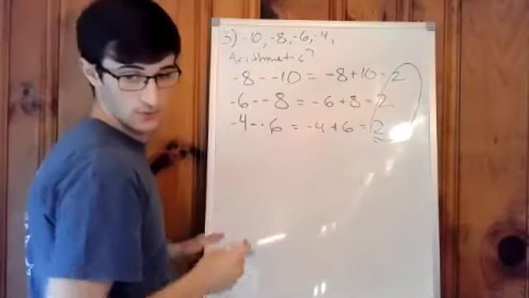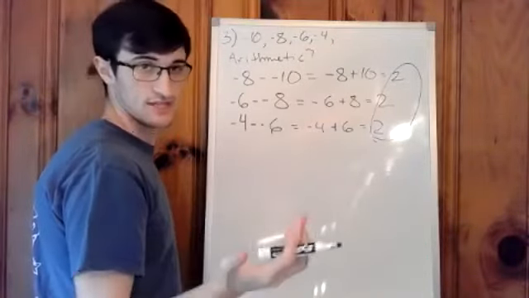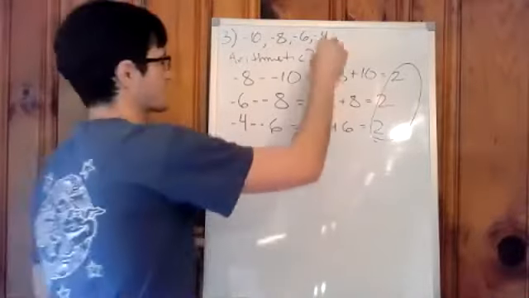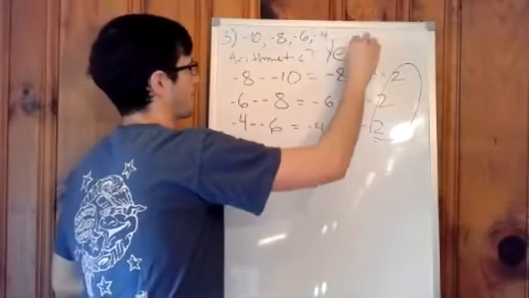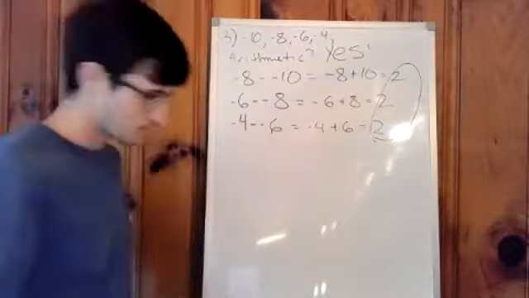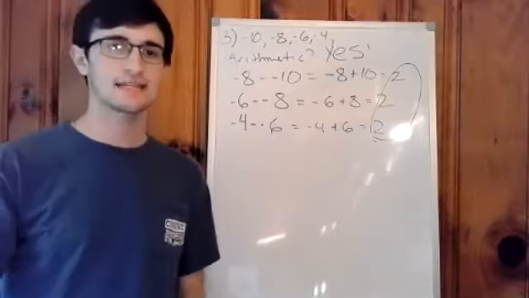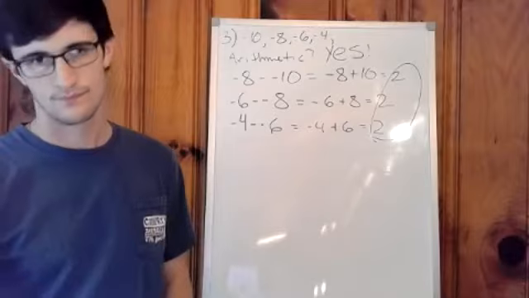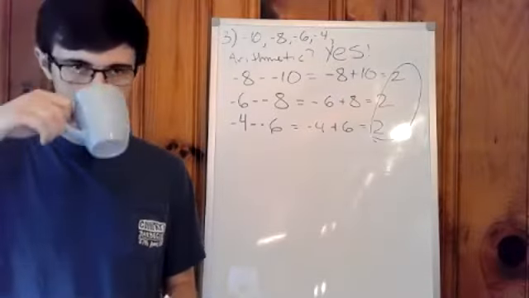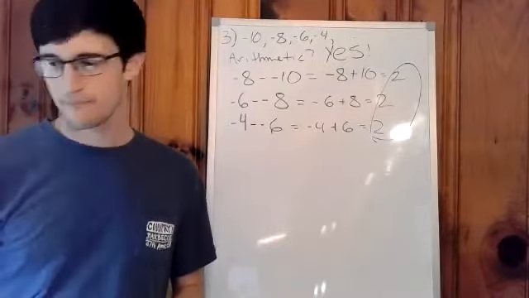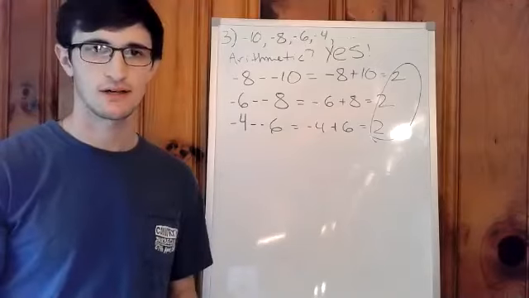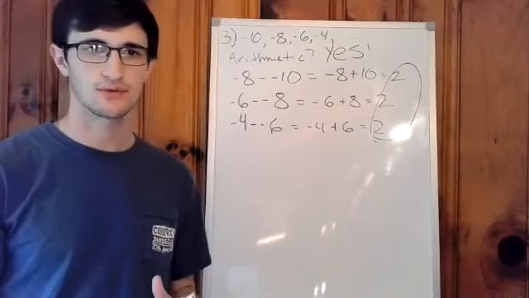So we just found the first and second parts of the problem. It is arithmetic, yes, and my common difference is 2. Any questions there? I know that was kind of quick.